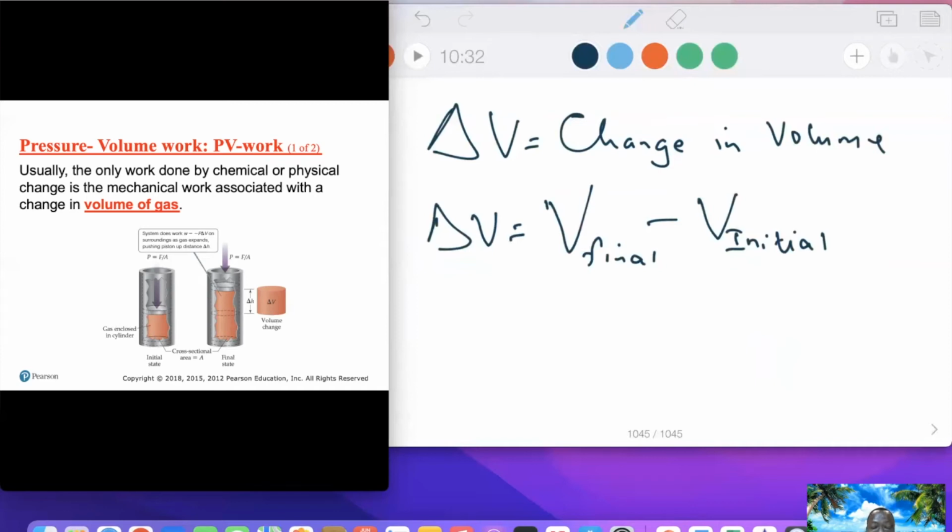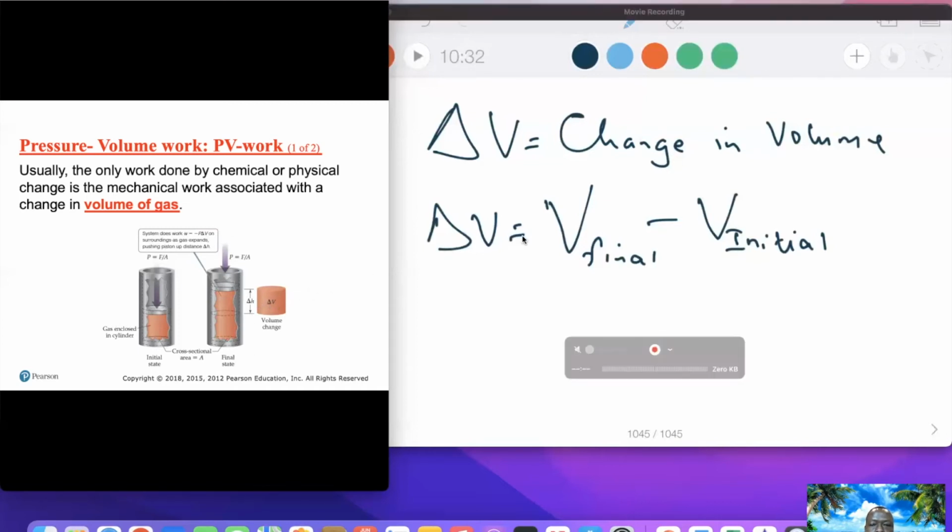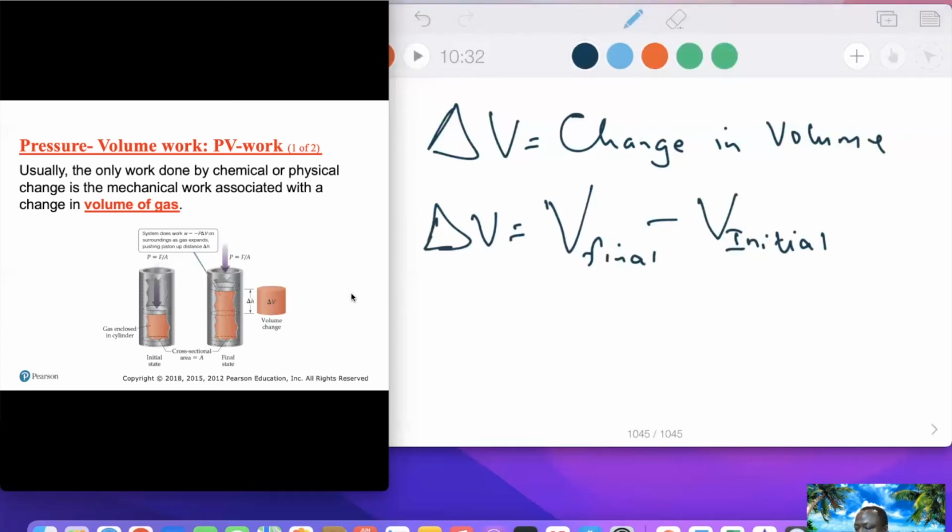I'm going to show you why volume has to be in liters. So here, change in volume is determined by subtracting the initial volume from the final volume.